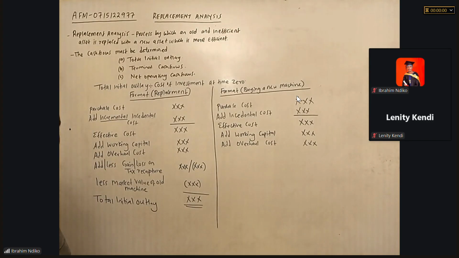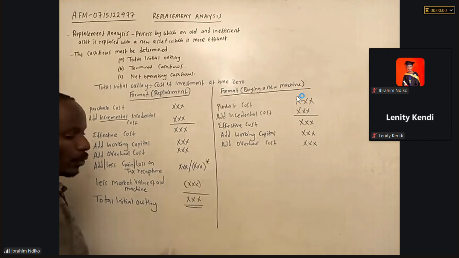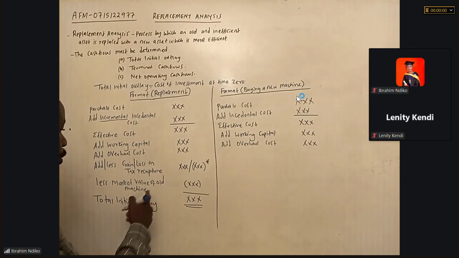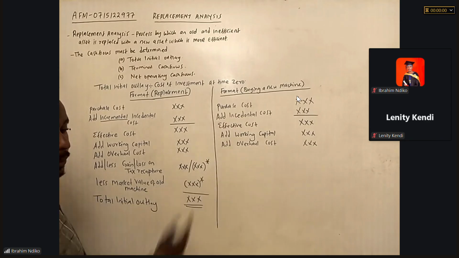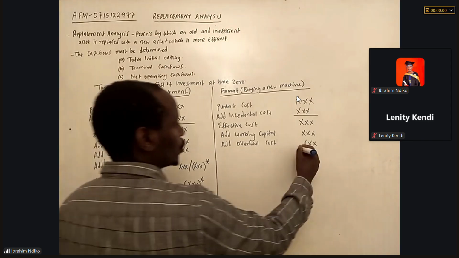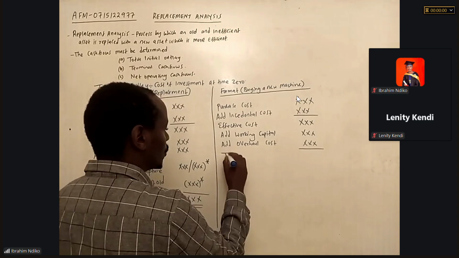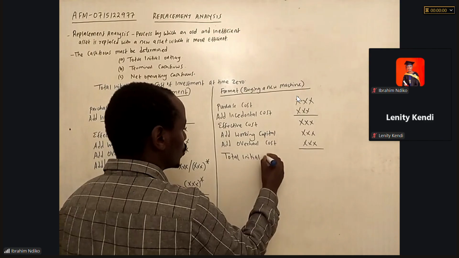Gain and loss on tax recapture is only applicable where we are replacing. Then the market value for the machine will not be there either, because we are buying a new machine without replacing. So our total initial outlay will be up to this point.